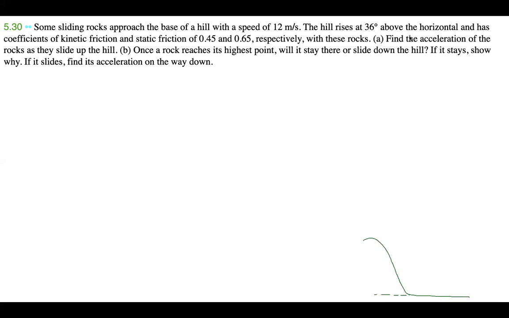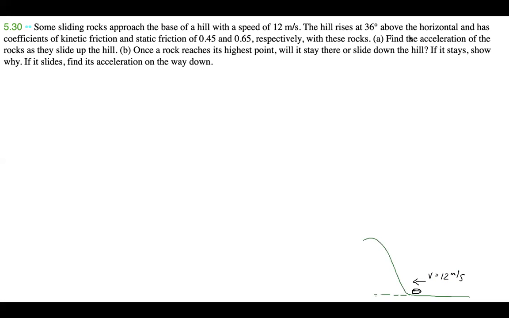All right, so we know that there are some sliding rocks that are approaching the base of this hill. The base of this hill is like this dotted line that I just drew. And if there is a rock, that's going to be the rock. And it is approaching with a speed of 12 meters per second.